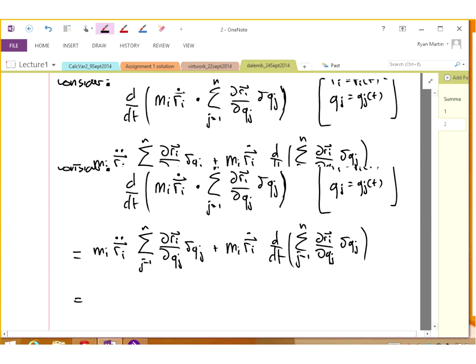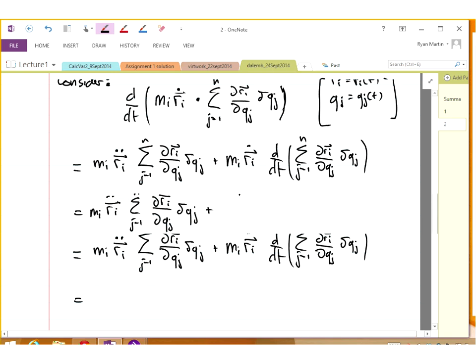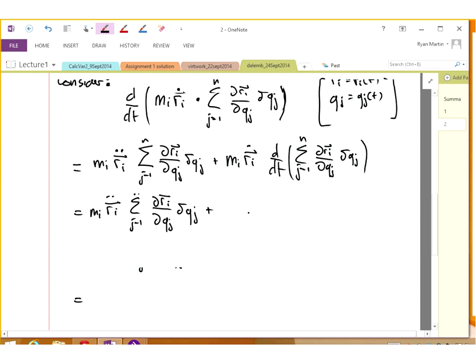So the first term I'm going to leave unchanged, m_i r_i double dot sum j equals 1 to n of partial r_i by partial q_j delta q_j, plus, and now the second term, I have m_i r_i dot, and now bringing the derivative inside, I have the sum of j equals 1 to little n. I'm going to bring the derivative in front of the partial by partial q_j.